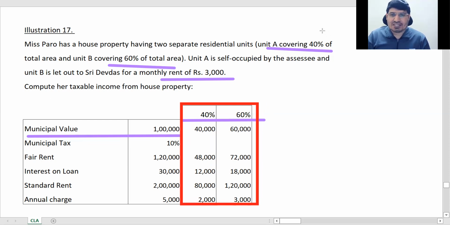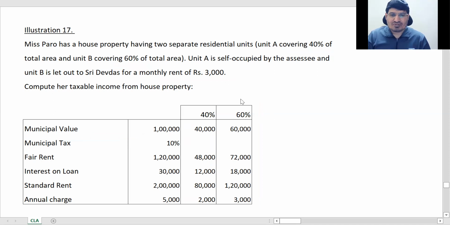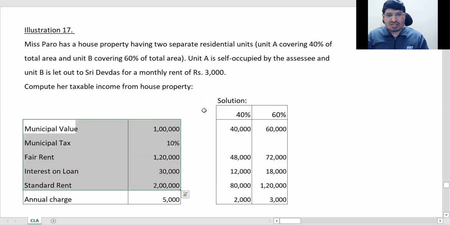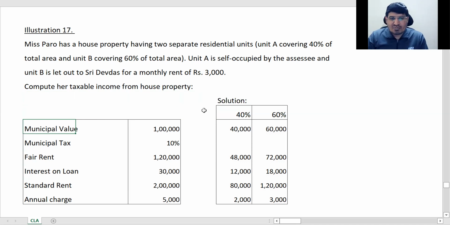So what I'll do is, let me do it this way. I'll just cut this off. So this is the problem. This part we have to divide.